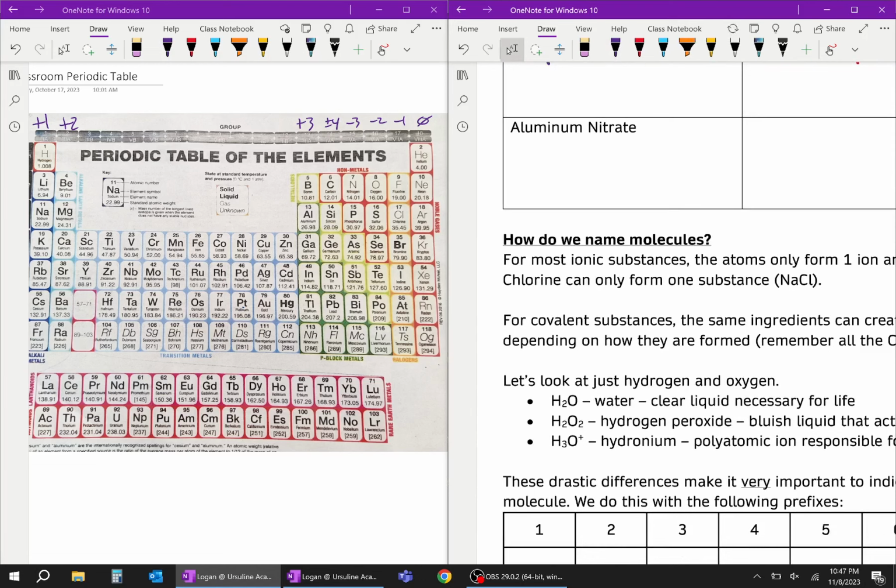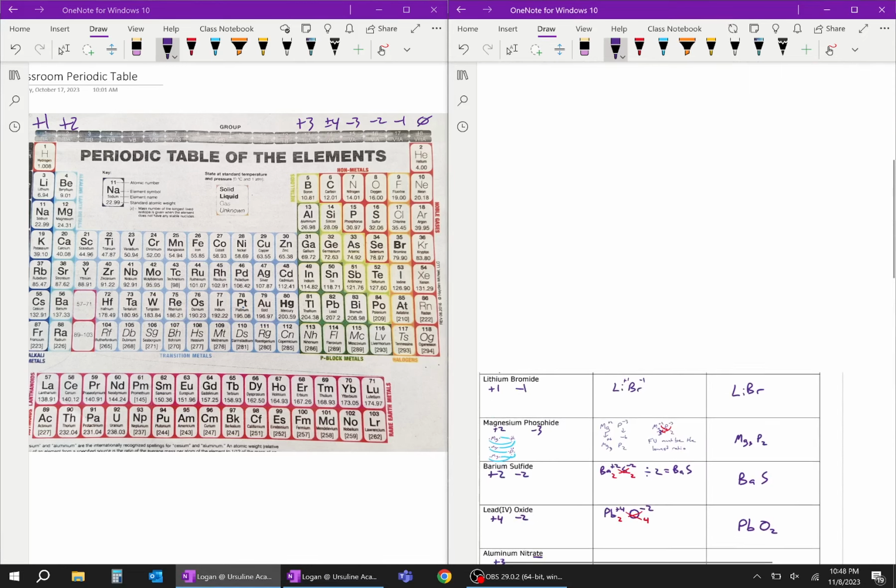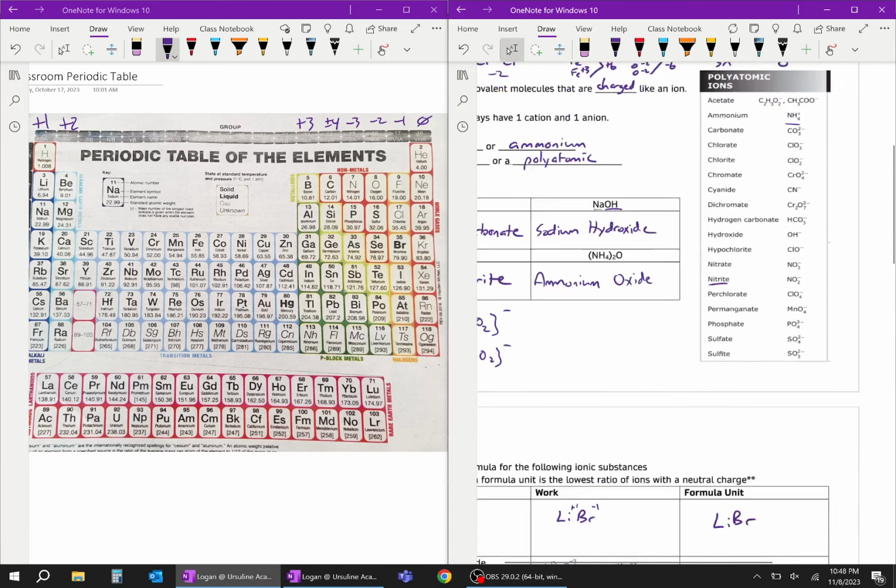Finally, aluminum nitrate. Aluminum has a positive 3 charge, according to my periodic table. Nitrate, notice this does not end in "ide", it ends in "ate". Most of our polyatomic ions end in "ate" and "ite", so I need to go back up here to this list and find nitrate.